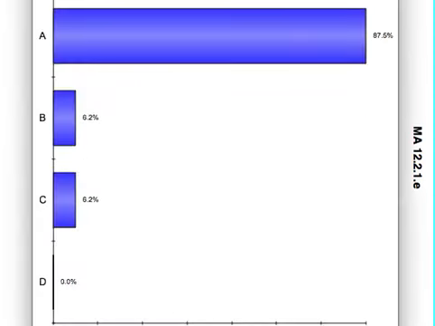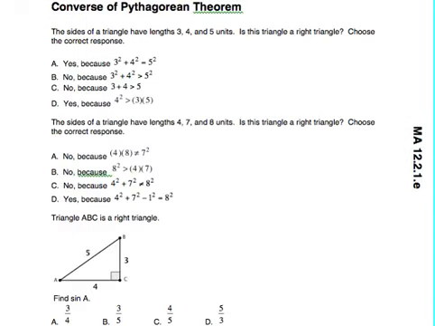Okay, and the answer is letter A. It is a right triangle. Remember, 3, 4, 5 is the most famous one. It's the most widely used one as well.